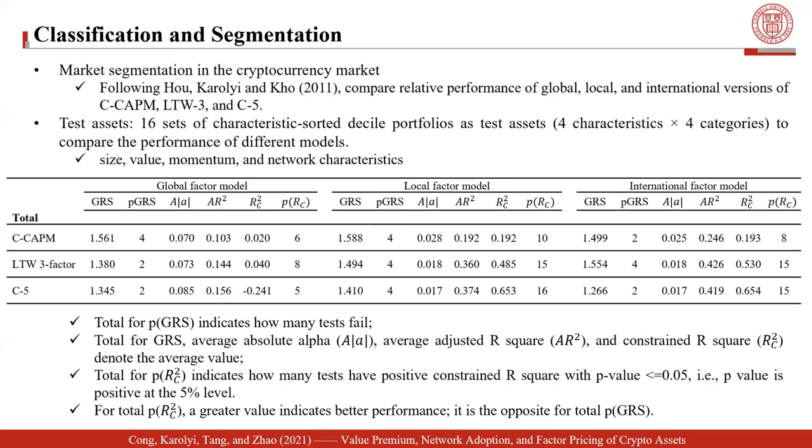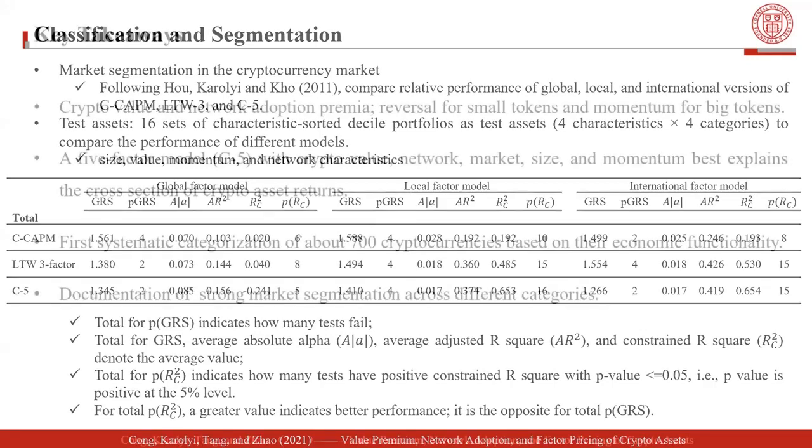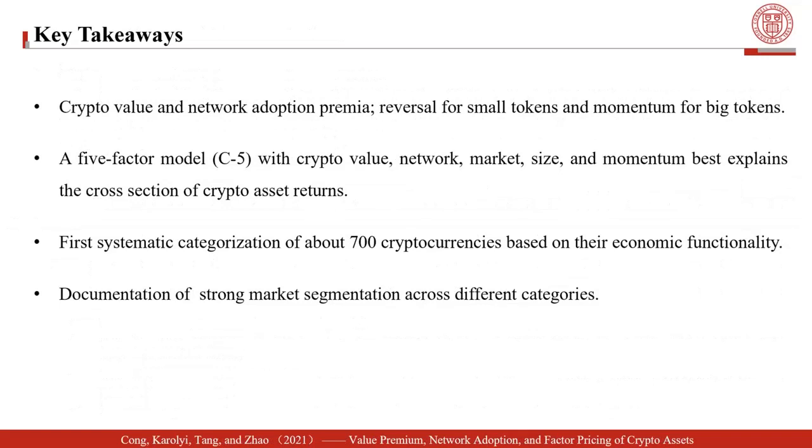So that indicates the categorizations are capturing differences across various groups of cryptocurrencies. And we need to take classification and also local factors into consideration when we think about crypto asset pricing going forward.